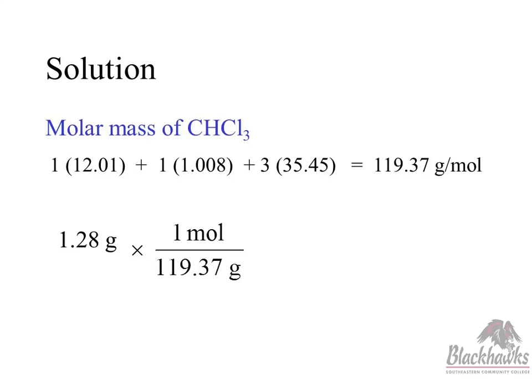So, fingers up. How many sig figs? I'm liking it. 3. And why is it 3? Because of this guy right here. Does that make sense? Okay, so then we're done. So again, do you see where this is 3 sig figs?